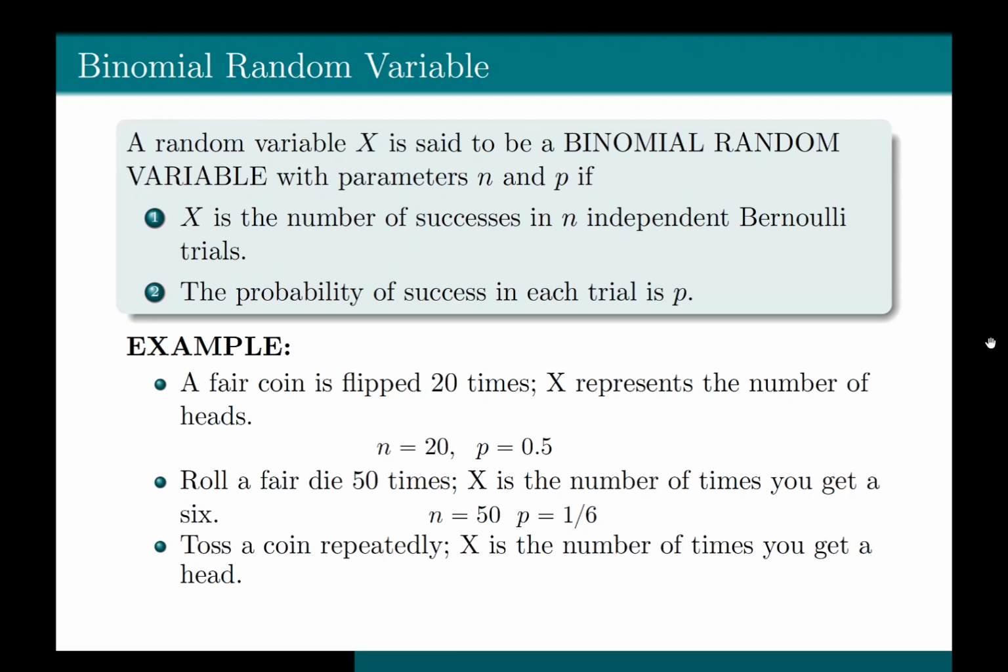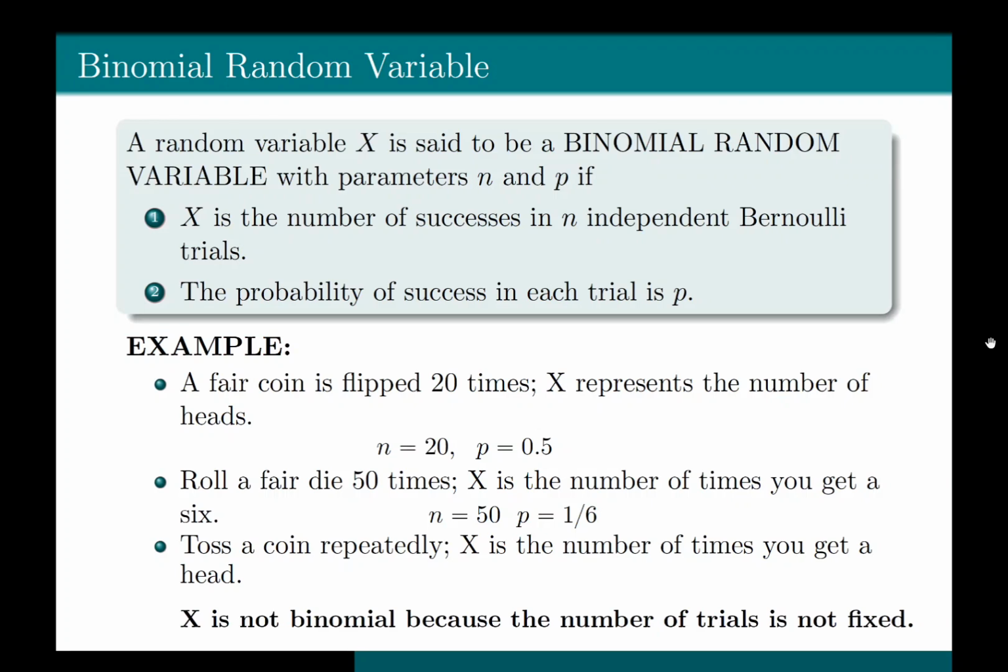Consider tossing a coin repeatedly, and X denotes the number of times you get a head. Now, if you toss a coin once, and X represents the head, which means that head is a success, then it is a Bernoulli trial. But here we are tossing a coin repeatedly and there is no fixed number. Therefore, it is not an example of a binomial random variable.